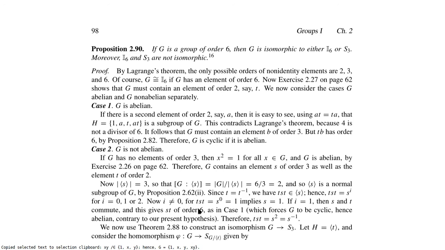This exercise on page 62 shows that G must contain an element of order 2. I'm not sure which exercise he's talking about, but I guess we have an intuition about what that is. You have a group of order 6, so you might have an element of order 2.